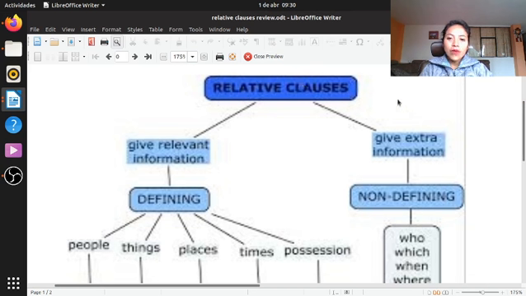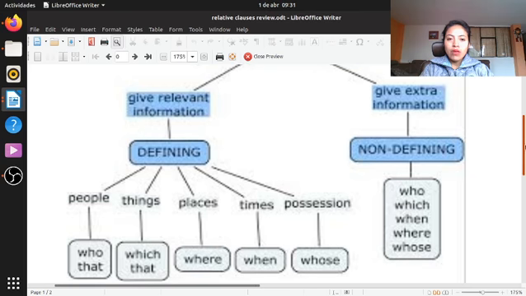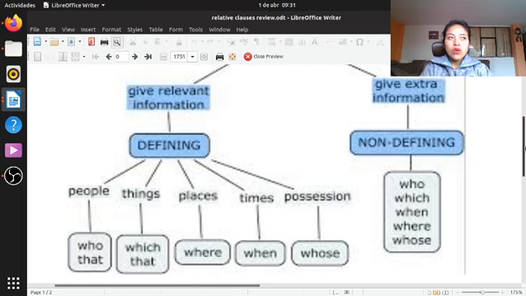We use relative clauses for giving more information about a thing, an object, a place, a person, right? And this information could be relevant or extra information, right? If we talk about relevant information, it's because we talk about important information, right?